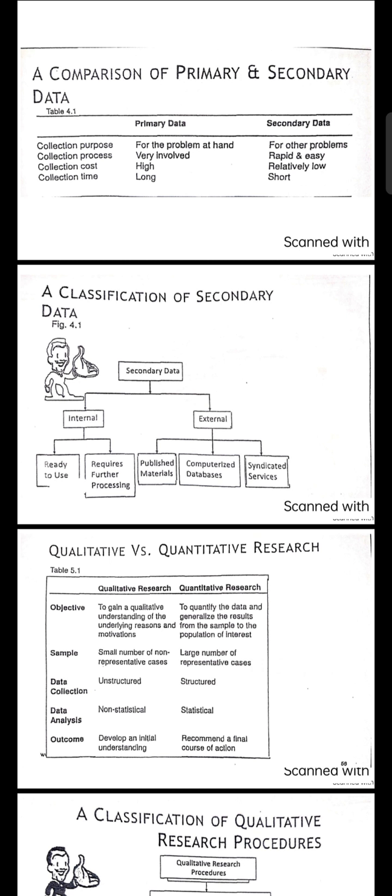Maybe you get it from Jabatan Penilaian, or from online. So the cost will be lower, because it's already available. You don't need to go and find out by yourself. It's more involved and more costly if you want to get the latest information.